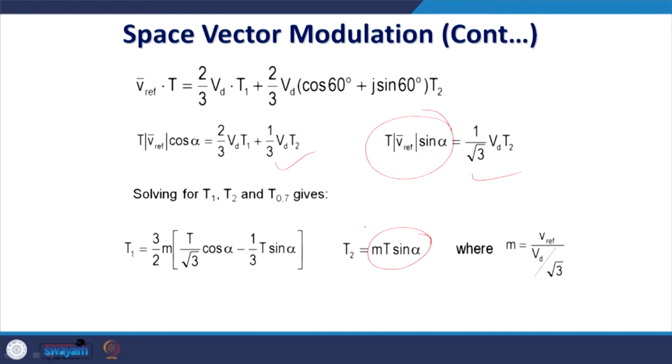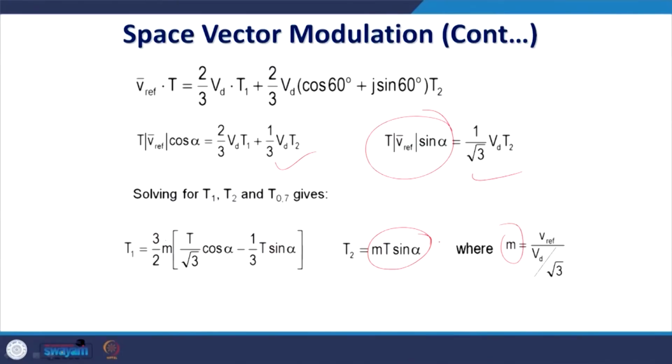So, M is Vref, that is the magnitude of it, maybe 40 volt, 30 volt, and VDC maybe 100 volt, whatever it may be, and that ratio is called the effective modulation index. And thus you can write T1 as M, that is 3 by 2 T by root 3 cos alpha minus 1/3 T sin alpha.